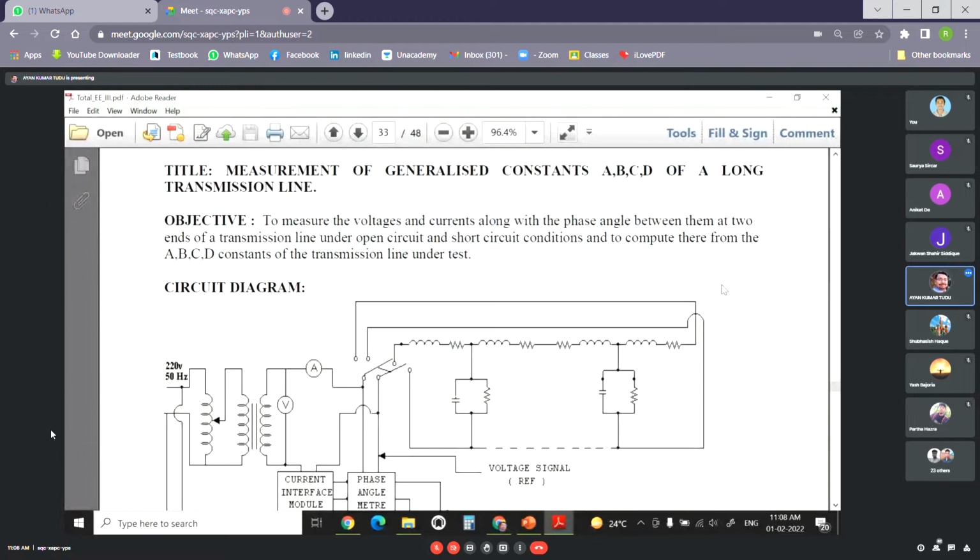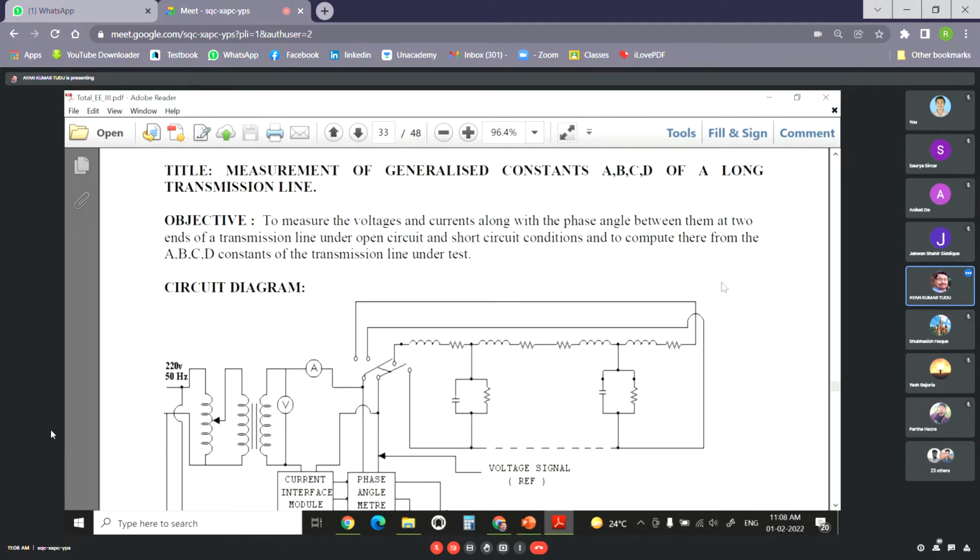As you know, when you're talking about a transmission line, we can divide it into three parts: short line, medium line, and long transmission line. Generally it is distinguished in terms of length.